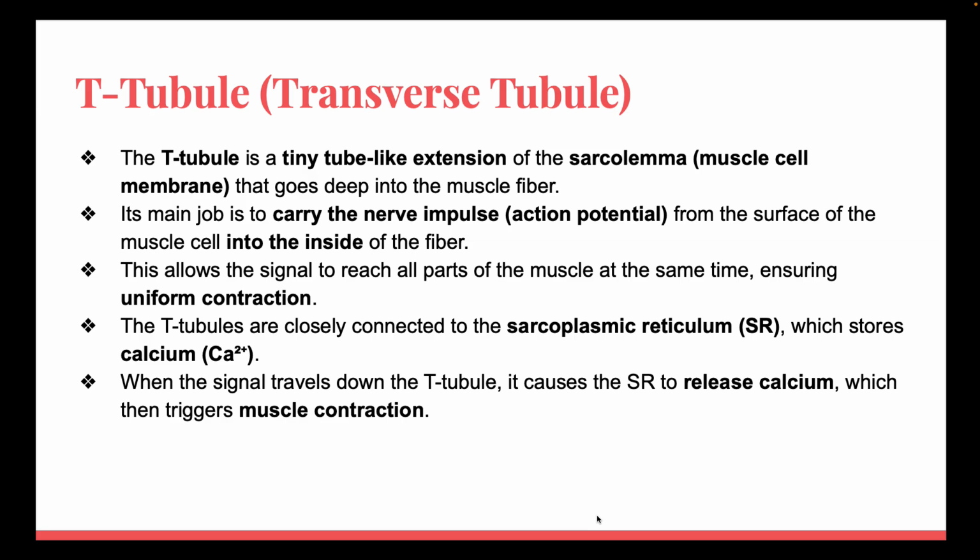There is a particular smooth endoplasmic reticulum which contains calcium. So when this action potential gets inside of the fiber, it tells the sarcoplasmic reticulum to release the calcium. So we will get there.